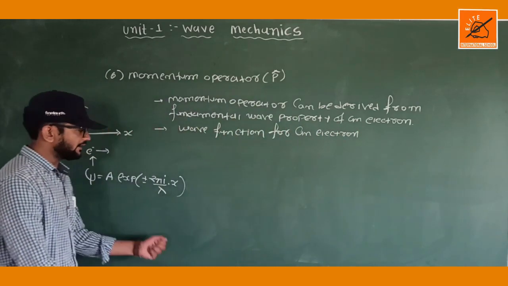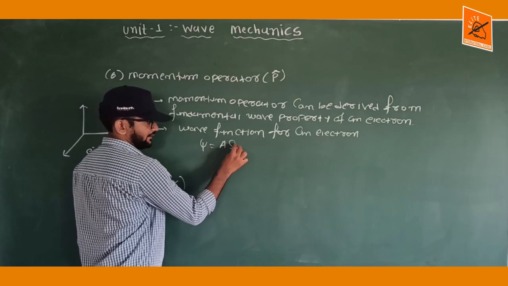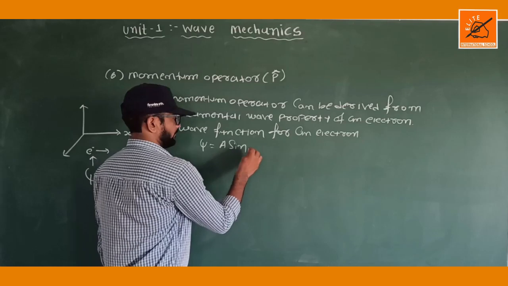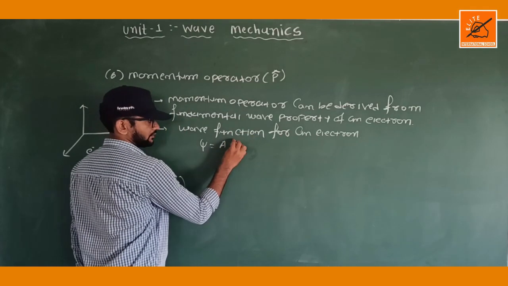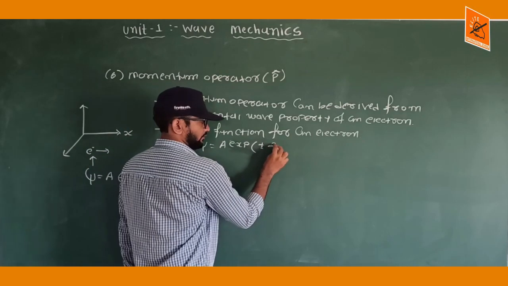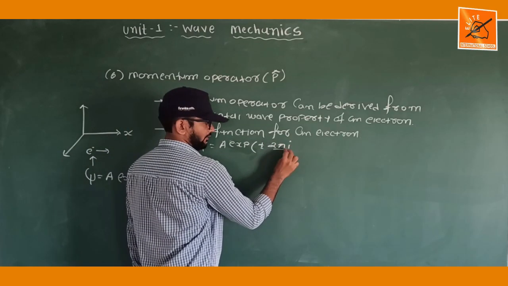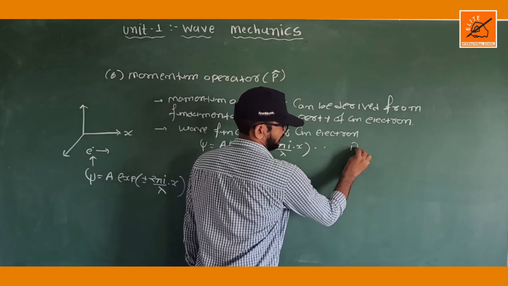Wave function for an electron: psi is equal to A exponential plus or minus 2 pi i upon lambda into x, and this is equation number 1.